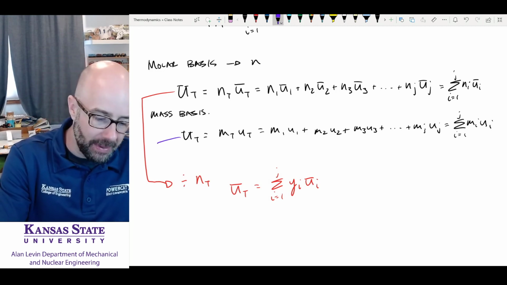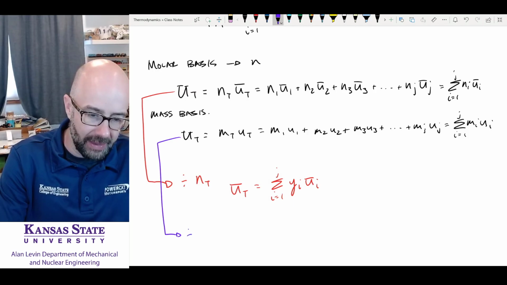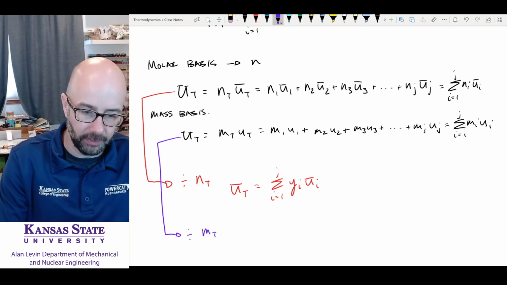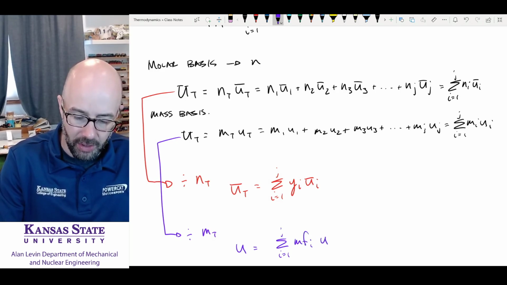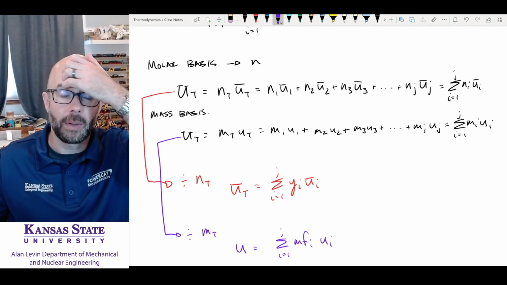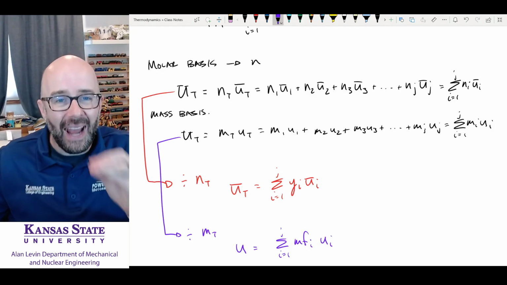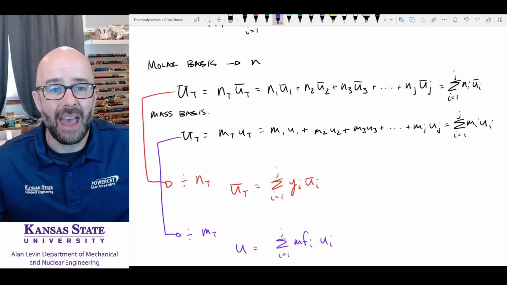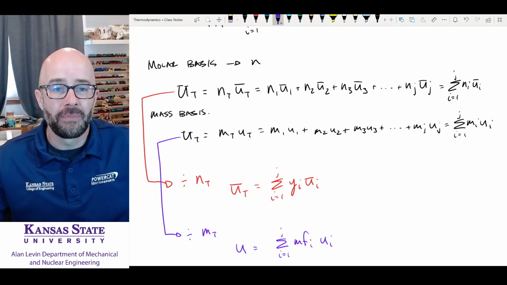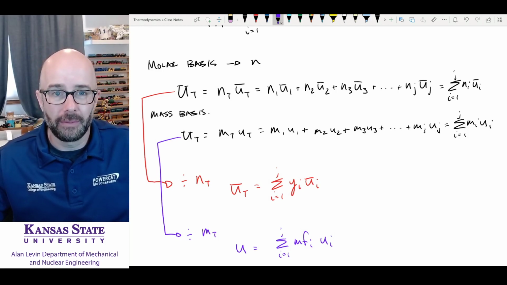The same thing happens here. If I divide this by the total mass, I get that the internal energy is equal to the summation from i equals 1 to j of the mass fraction of each component times the internal energy of each component. So we're taking what fraction we have there times that substance's internal energy.